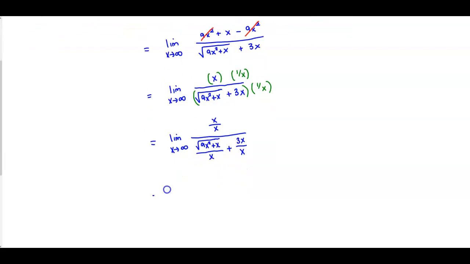Okay, so let's go ahead and simplify here. We have the limit as x approaches infinity. What's left in our numerator is 1. Then we're going to deal with this square root of 9x squared plus x over x.